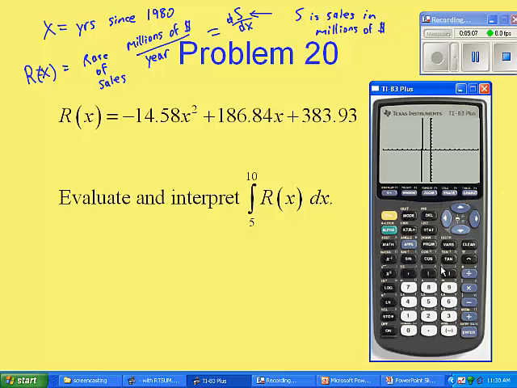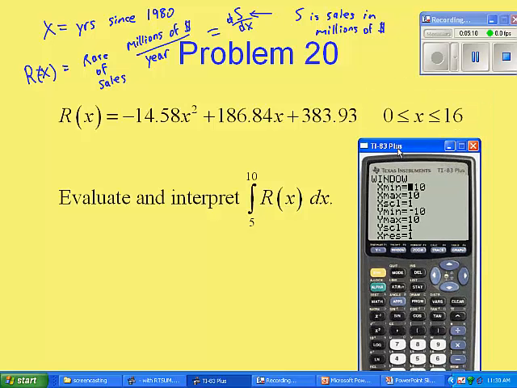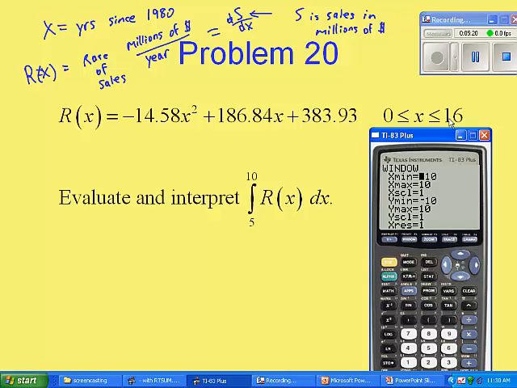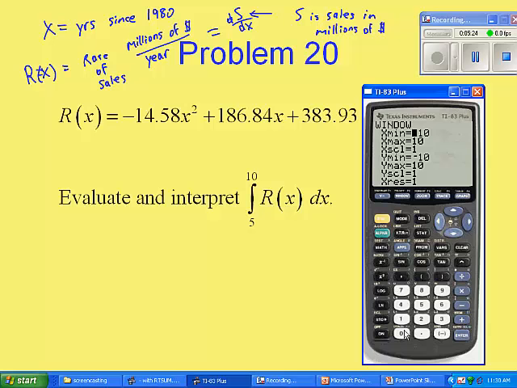Now if I graph it, I don't see very much, right? I want to change my window. Well, what about x min and x max? What do you think? Well, we want to go from 0 to 16, right? At least. So let me do that. 0, 16.